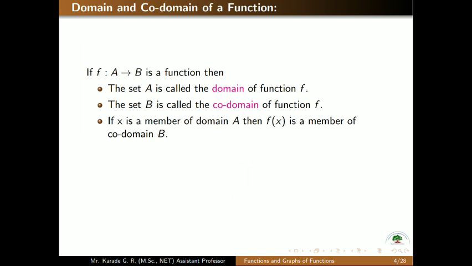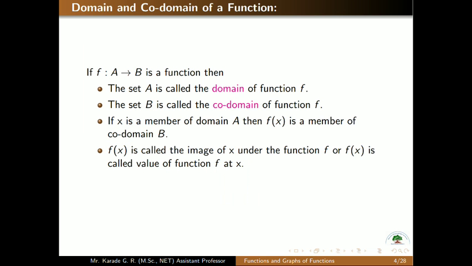If x is a member of domain A, then f of x is a member of codomain B. f of x is called the image of x under the function f, or f of x is called the value of function f at point x. x is called the preimage of f of x.